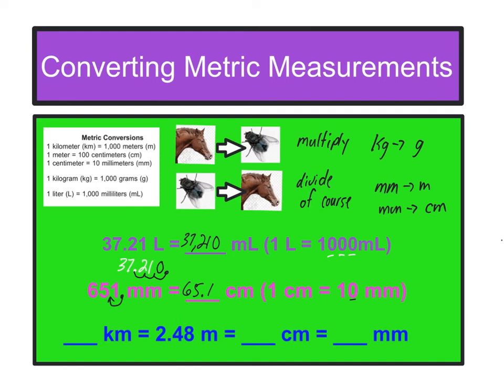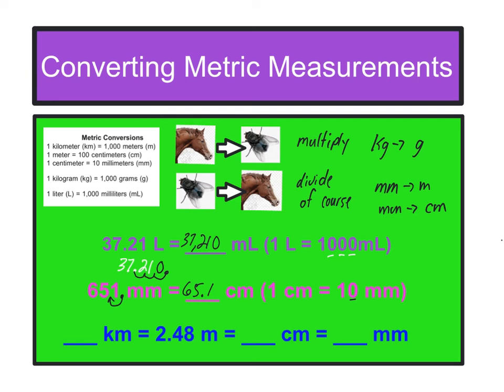And to wrap it up, I figured we would end with a fun one here. We are going to start with 2 and 48/100th meters, and we are going to change that to kilometers, centimeters, and millimeters. So our first one here, if we look up, I see that I have 1 kilometer is 1,000 meters.